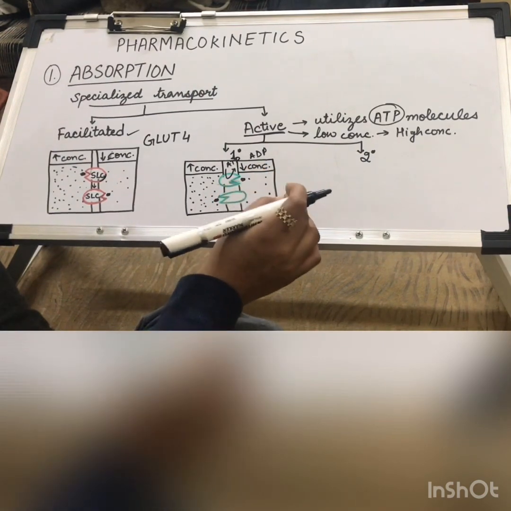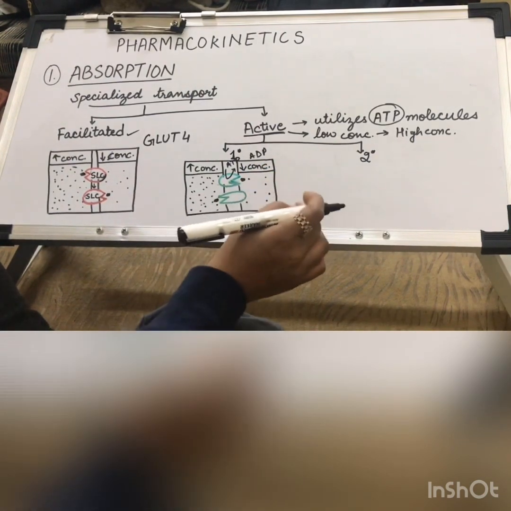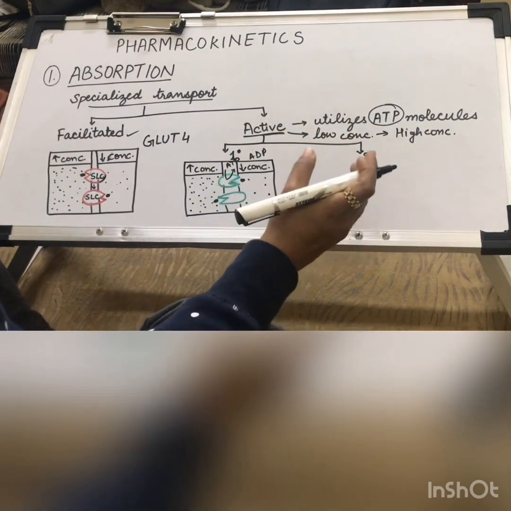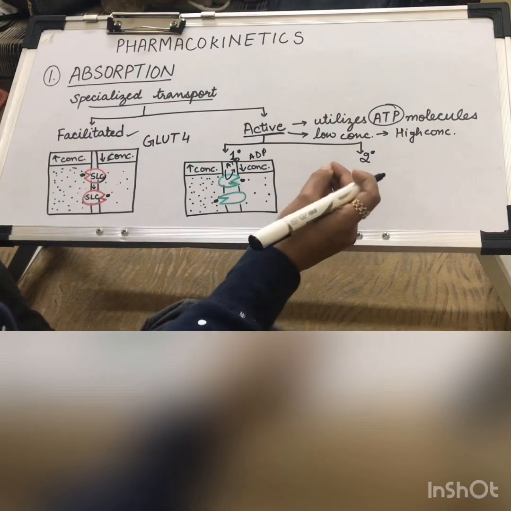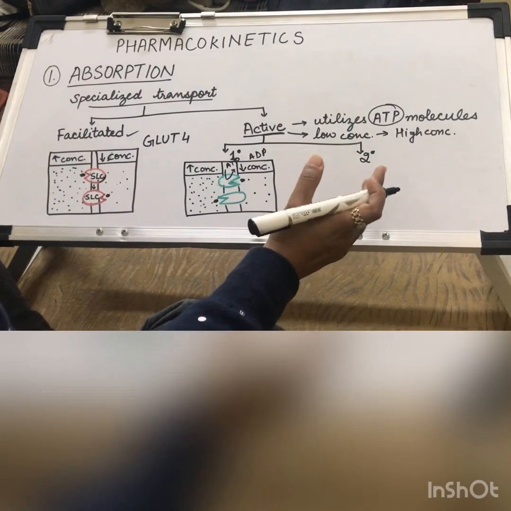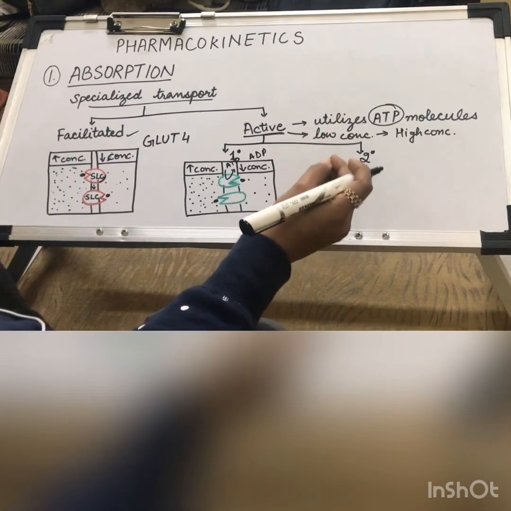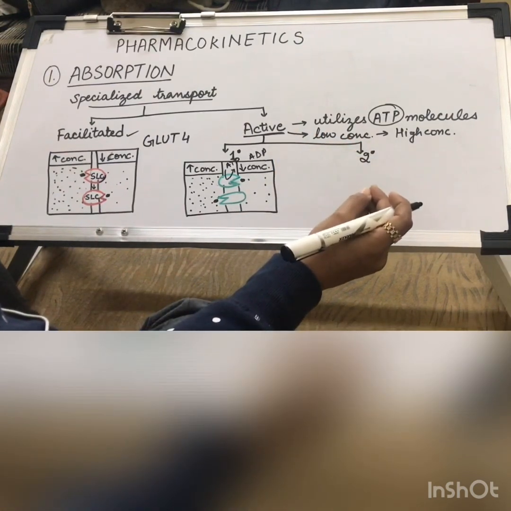Now, what is happening in case of secondary active transport? Here, ATP molecules are not used to transport the substrate molecules. So what will be used? It is the movement of another solute.